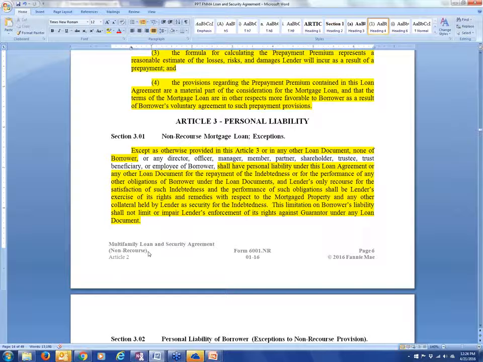This limitation on borrower's liability shall not limit or impair lender's enforcement of its rights against guarantor under any loan document.